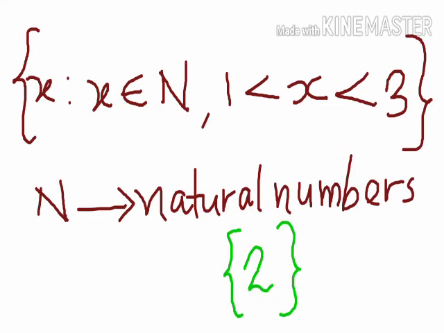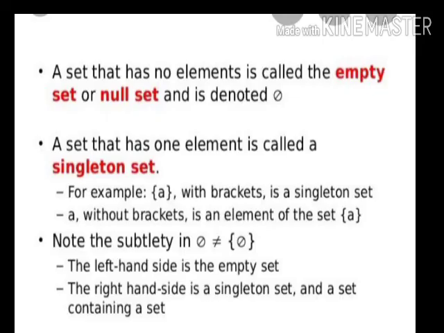Yes, that is 2. So the given set contains only one element, and therefore it is a singleton set or a unit set. So we discussed empty set and singleton set. Empty set means it has no elements. At the same time, singleton set means it contains only one element.